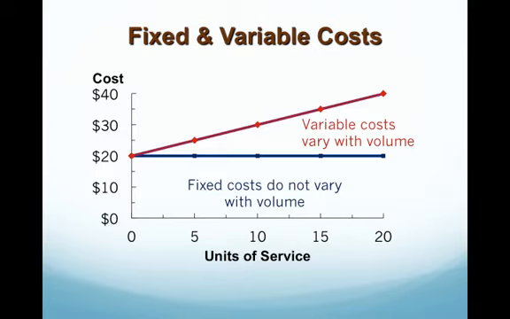The total costs are the sum of both fixed costs and variable costs. So if you're serving 20 people, your total costs are going to be about $40, and if you're serving no people, your costs are going to be about $20, because that's your fixed cost.